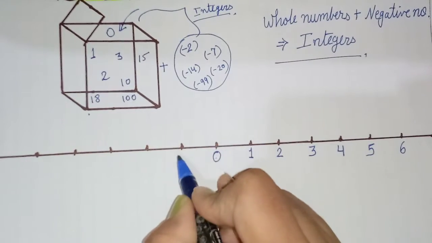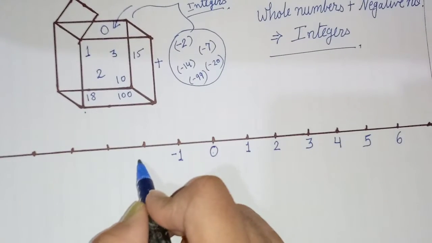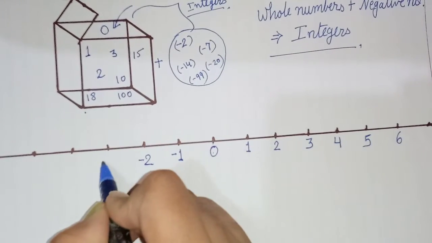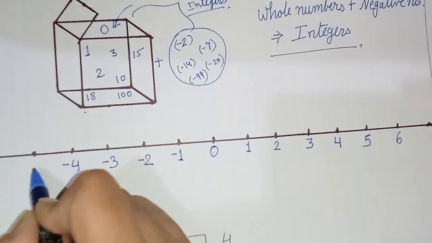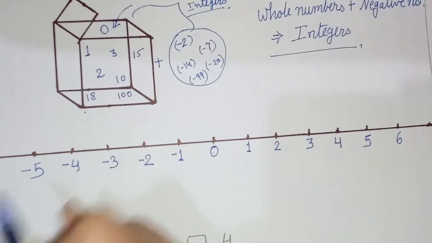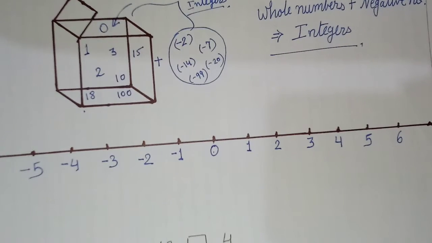So left to the 0 we will have -1, left to the -1 we will have -2, -3, -4, -5 and so on. This line is called the number line.